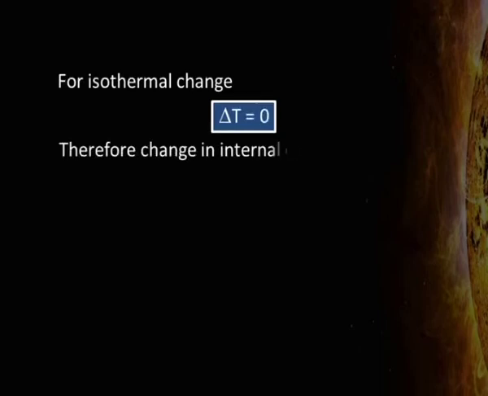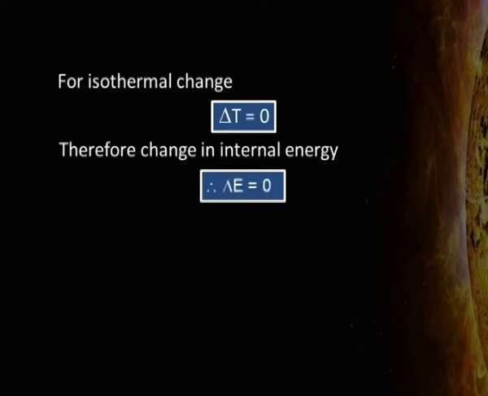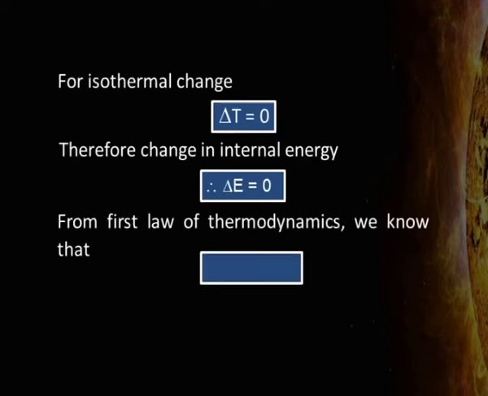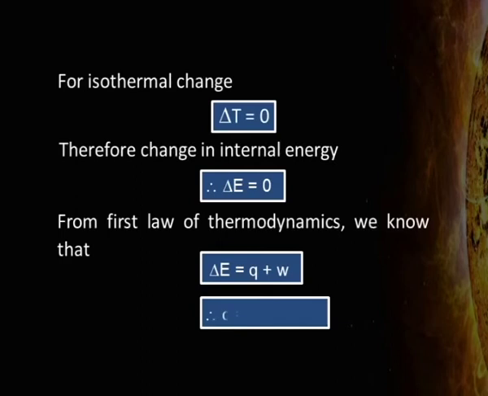For isothermal change, delta T is equal to 0. Therefore, change in internal energy, that is delta E, is also equal to 0. From first law of thermodynamics, we know that delta E is equal to Q plus W. As delta E is equal to 0, therefore, Q is equal to minus W, which is equal to plus P dV.